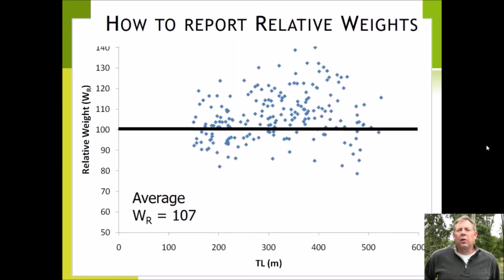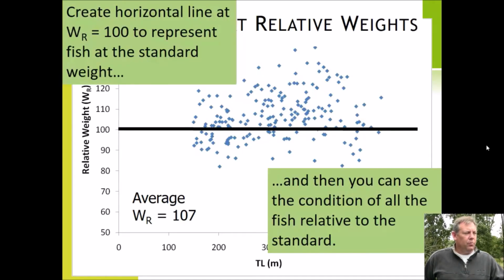So here's an example of largemouth bass that were taken from a particular lake. You can see that on the x-axis we've got the total length, and for each fish we plot its relative weight against total length. And relative weight is on the y-axis.